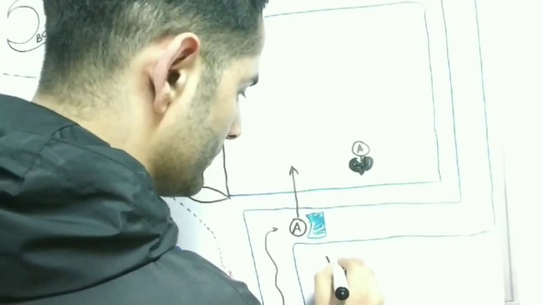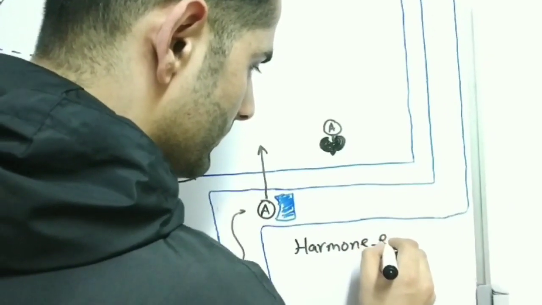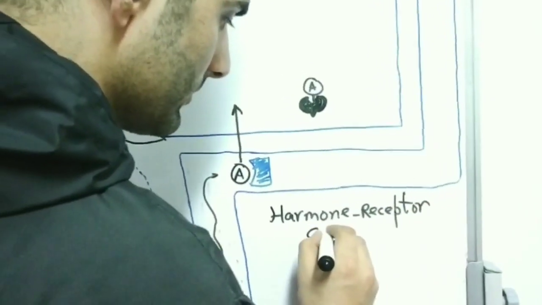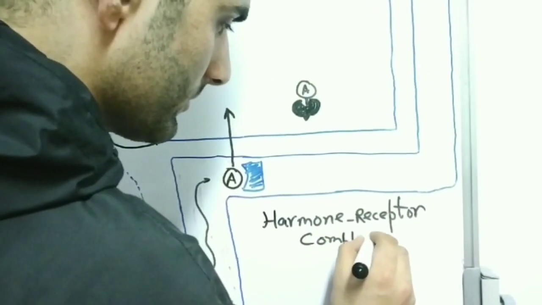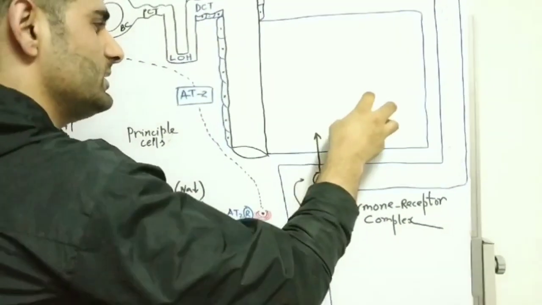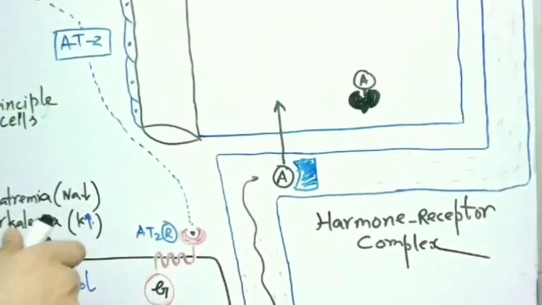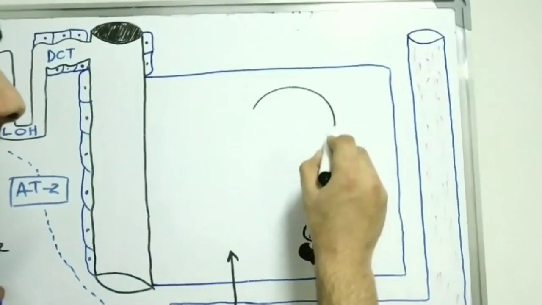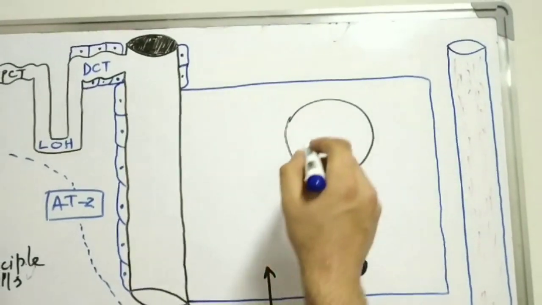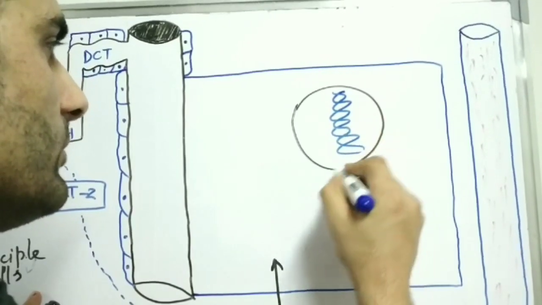Hormone receptor complex. Now, what is this hormone receptor complex going to do? We know we have a nucleus in the cells. This is the nucleus. Inside the nucleus, we have DNA.